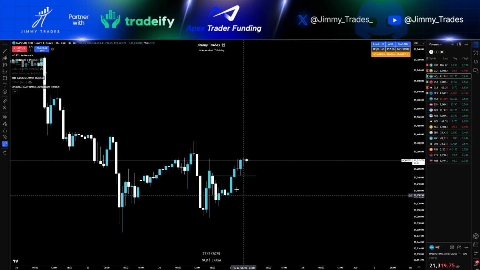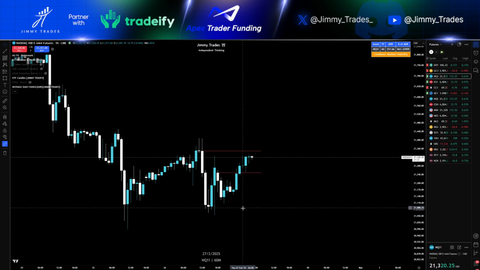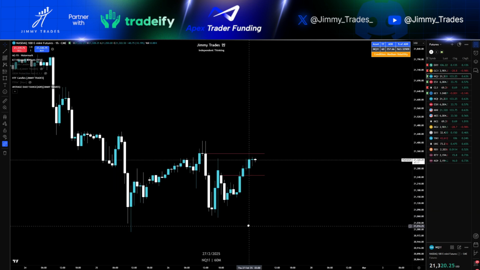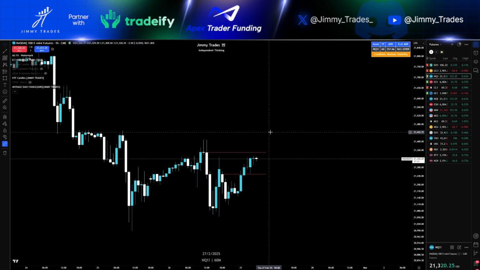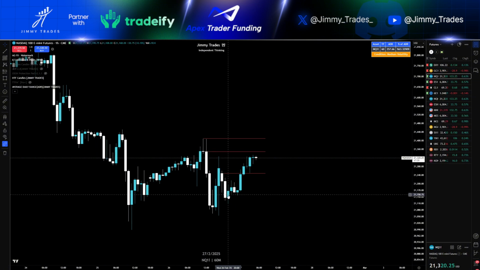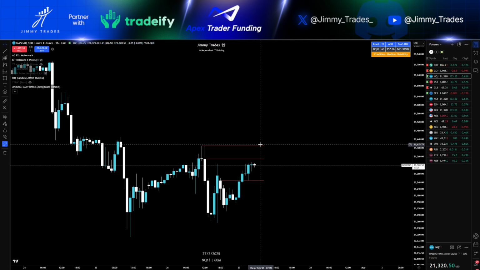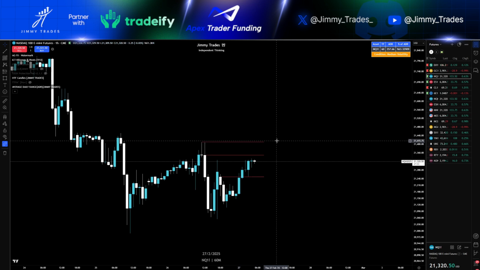We've got displacement. I would like to see a nice close above this level here. That would give us more conviction. We've got equal highs, these relative equal highs here as well, which is why I like this for the draw on liquidity, at least initially. So this being the low hanging fruit for the London AM session.